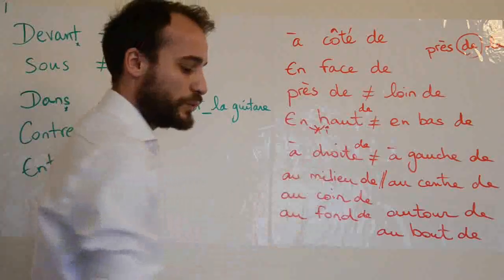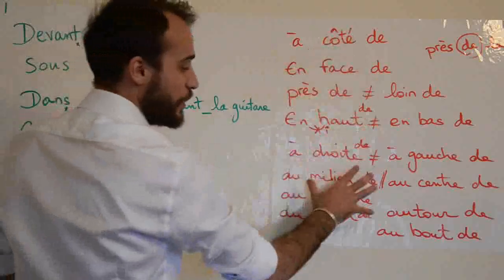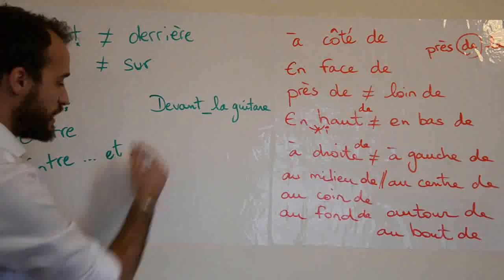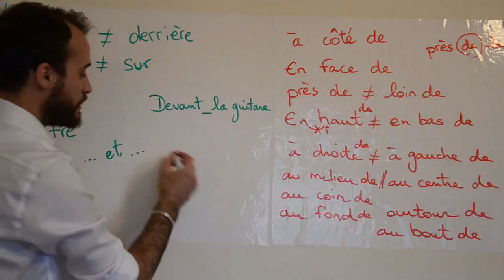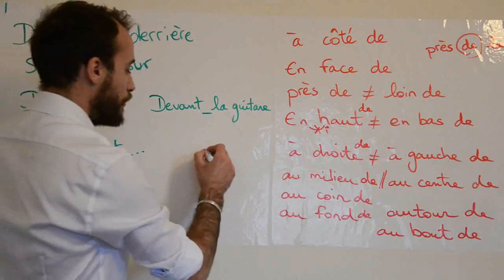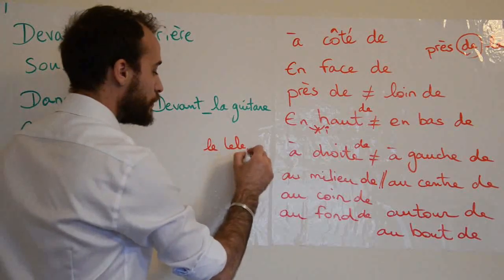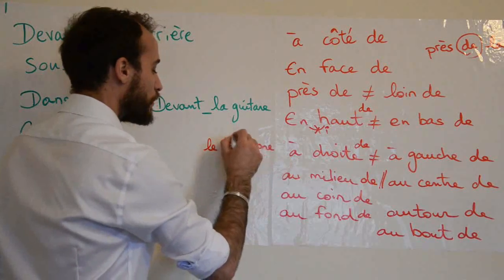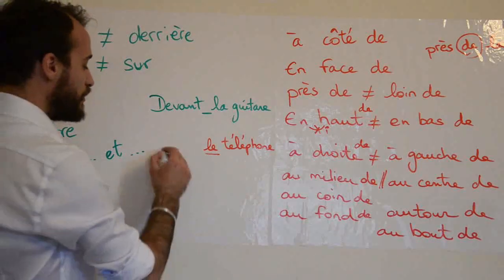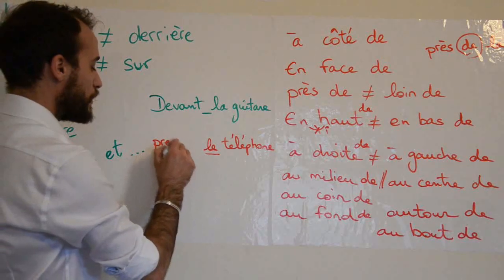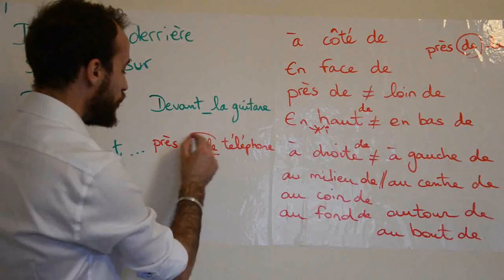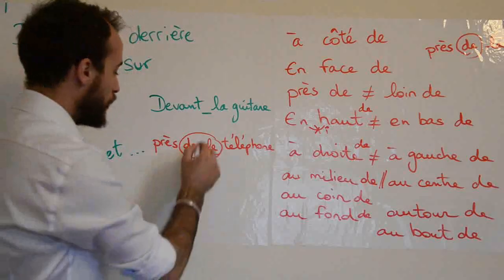The last thing I want to talk about is with these de, you have to be careful about something. I'm gonna write it down here. So for instance, if you have a masculine thing, so for instance, we have le téléphone, which is the phone, that's masculine. Then if you have près de le téléphone, you have to know that de le in French doesn't exist.